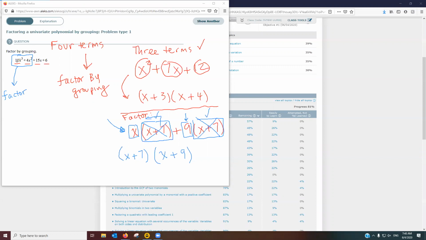Well, I'm noticing the number 10 and the number 4. What's the largest number that evenly divides into 10 and 4? Well, the number 2 can come in front. All right, now let me look at the letters. I see an x to the 3 and an x to the 2. Well, remember, you factor out the smallest exponent you see.